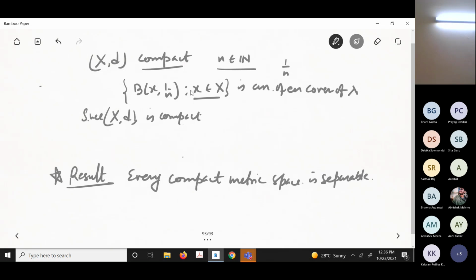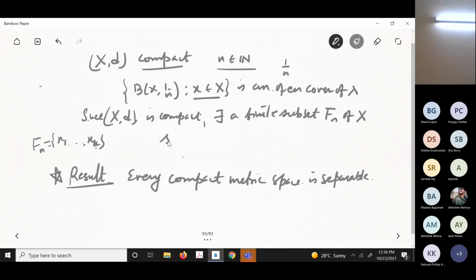I am doing it for n, so I should be able to track n. So there exists a finite subset F_n of X, my index set being X. That means finitely many points I will get here. Suppose you are getting x1, x2, ..., xk, that I am calling F_n. This may not be the same for each n.